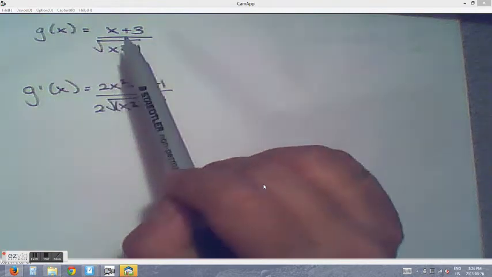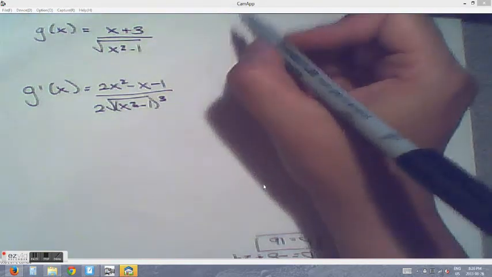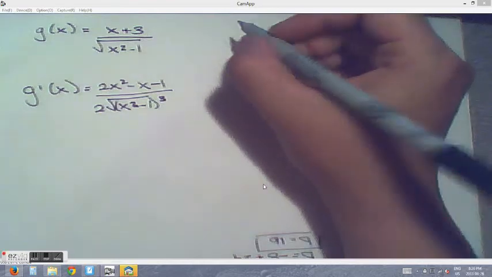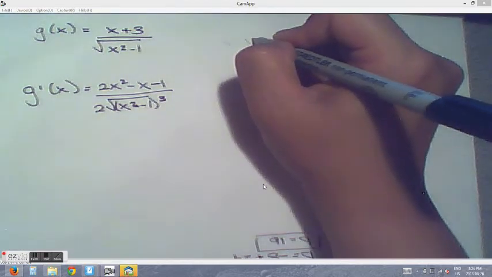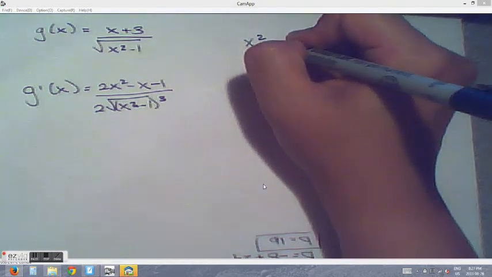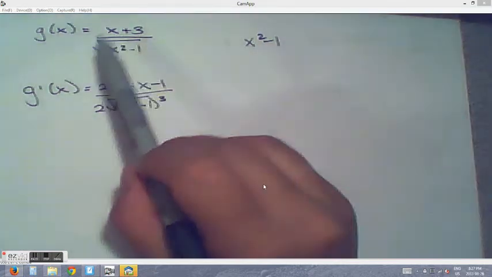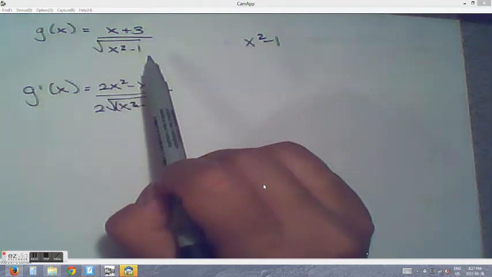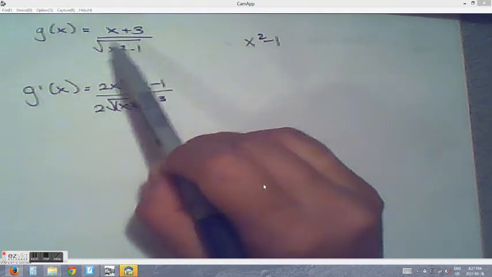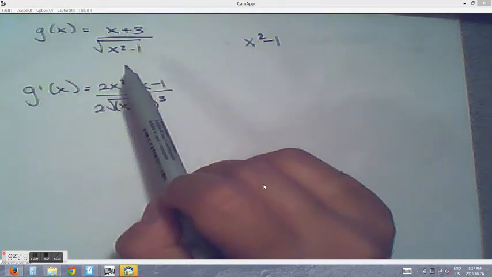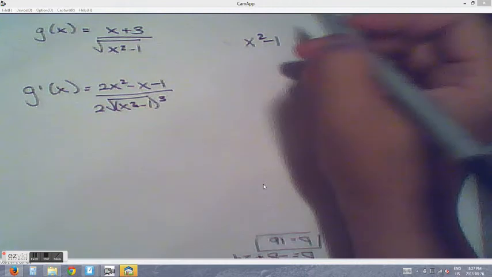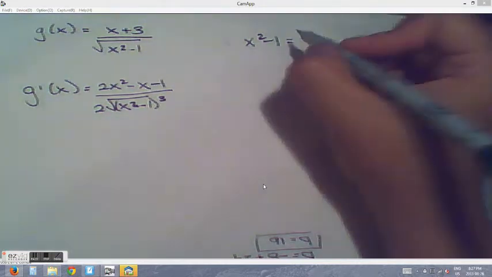So we'll take a look at the denominator again. In this case, we have a square root, so let's take a look at x squared minus 1. First of all, the denominator cannot be 0, and inside the radical, we can't have a negative number. So first, we're going to look at the case in which we cannot have 0.